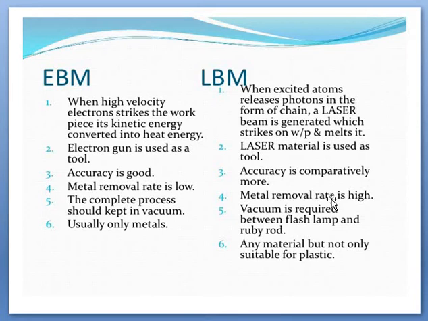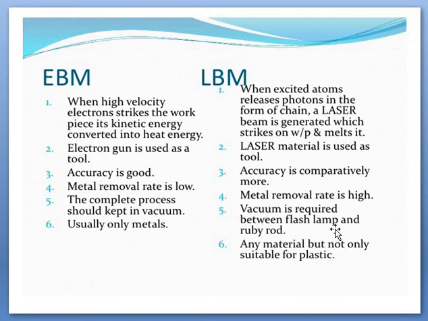The complete process must be kept in vacuum. You have to remember this point: in whatever electron beam machining process, the total process must be kept in a vacuum. Whereas in laser beam machining, vacuum is required between the flash lamp and the ruby rod.